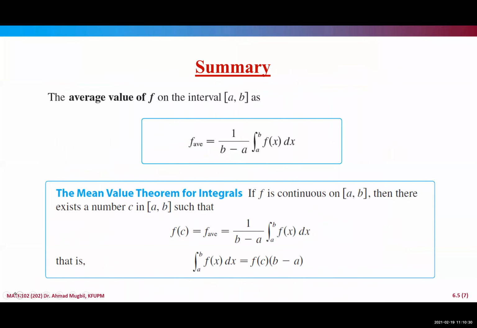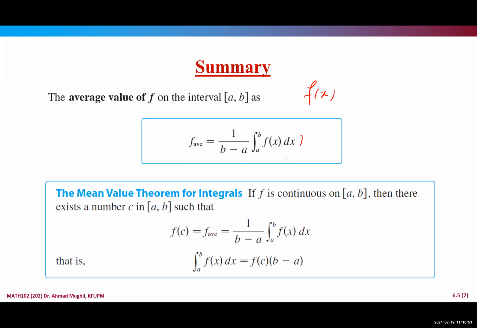To summarize, what you need to recall mainly from this section is what is the average value of the function. And of course, you will have many questions. I can give you a question from any section from now until the end of the course. I will just give you a function that is continuous, and I will ask you to find the average value of the function.